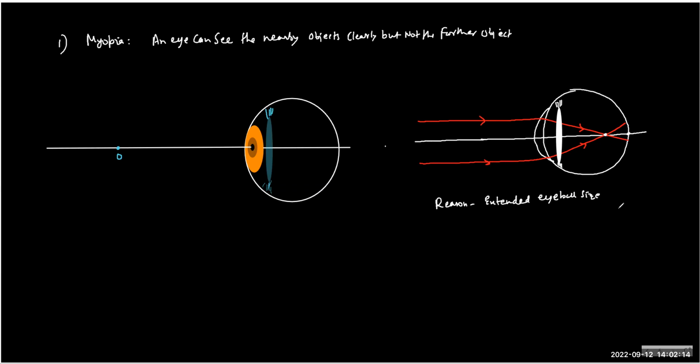Now, when it comes to refraction, the light suffers maximum refraction while entering the eye, in the aqueous humor itself. The eye lens, the vitreous humor, the aqueous humor, their refractive index only differ in the second to third place of decimal. So if I say the lens is 1.5, hypothetically, then the vitreous humor may be 1.48 and this may be 1.47.